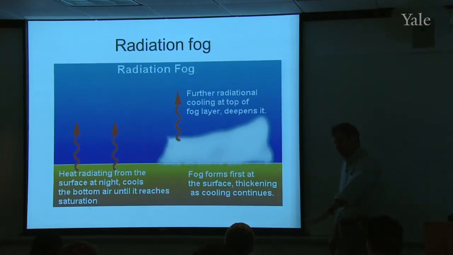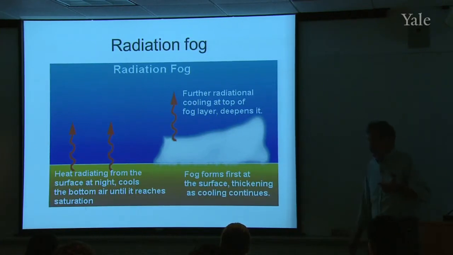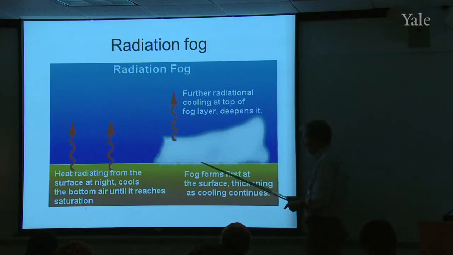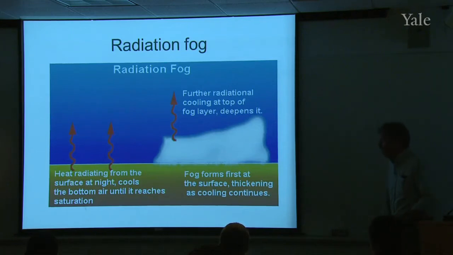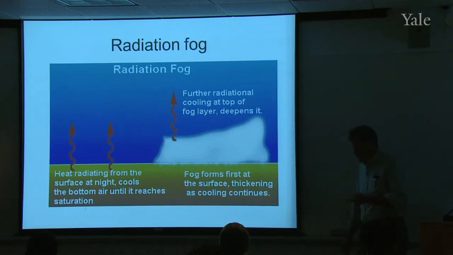The air right in contact with that surface is going to lose heat by conduction to the cold surface. When you lose heat, you drop the saturation vapor pressure. You're not necessarily changing the amount of water vapor in the air, but you're changing the amount that can be held in the vapor state. And therefore, the fog forms first for the air that's right in contact with that cooling surface. That's called radiation fog. The word radiation goes back to how the heat has been lost from the system.